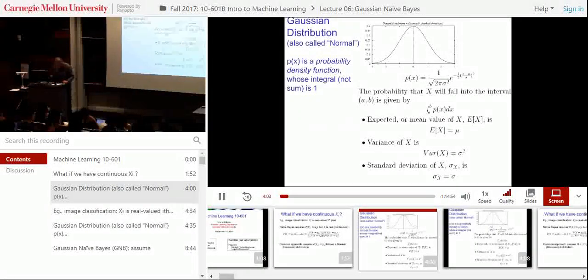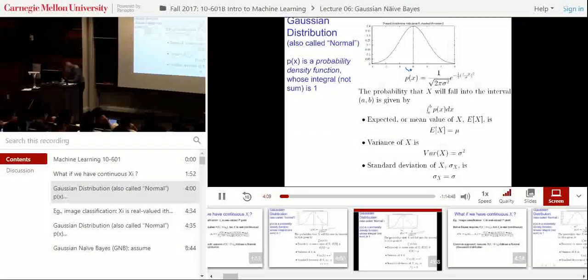Many of you have seen Gaussian distributions before. They look like this. Here on this axis is x, and if it's a real valued variable, it can vary from minus infinity to plus infinity.